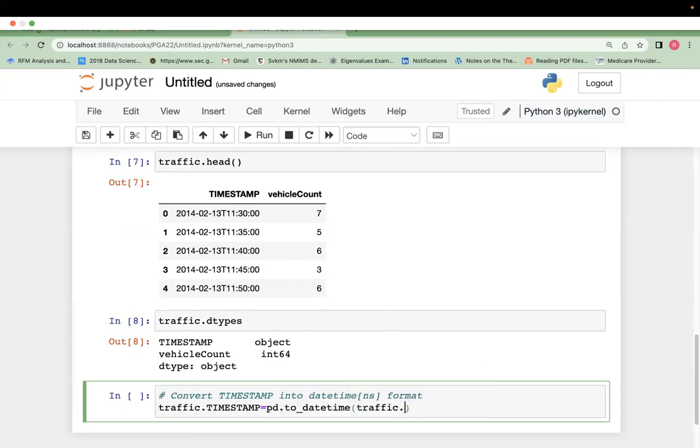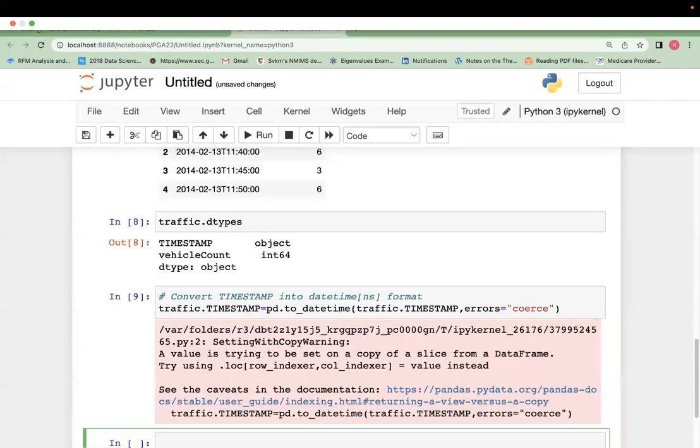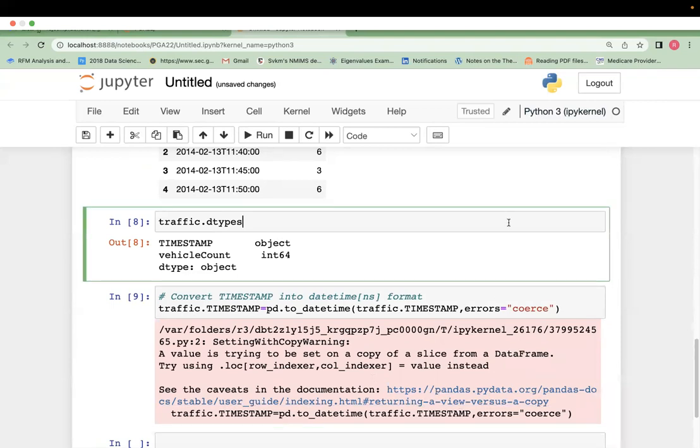Traffic dot timestamp, comma, errors is equal to coerce. What errors equal to coerce will do is, if it is not able to read any timestamp, it will replace it with NA. Whenever it is not able to read the datetime format, it will replace it with NA.